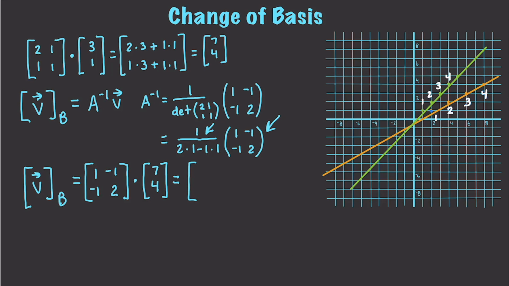And if we work this out, 1 times 7 plus negative 1 times 4, negative 1 times 7 plus 2 times 4, and that means that this guy right here is going to be equal to 3, 1. So there you go. That is change of basis and numerous different ways of looking at it. Hopefully that totally makes sense.